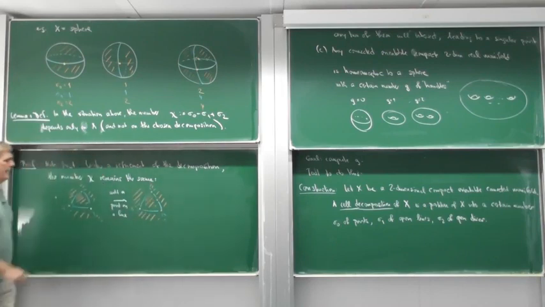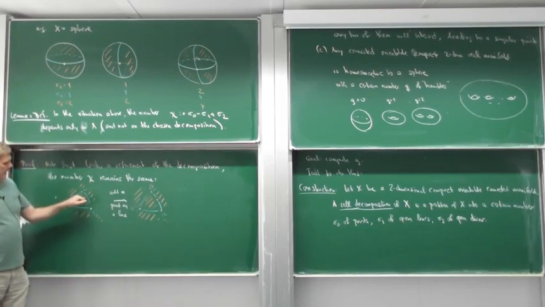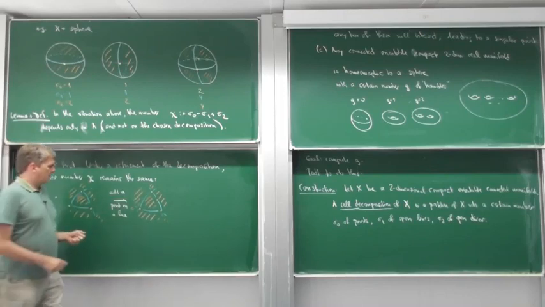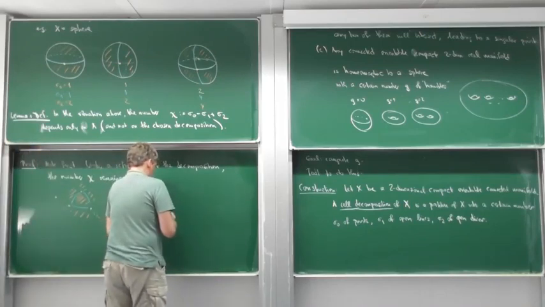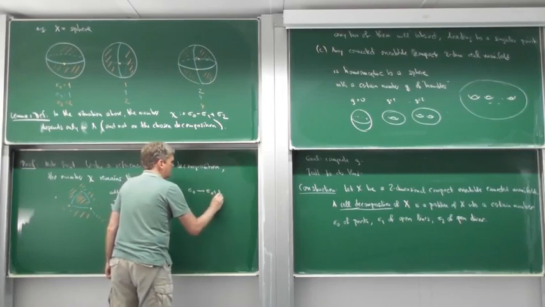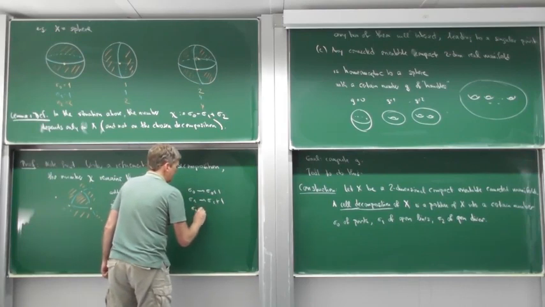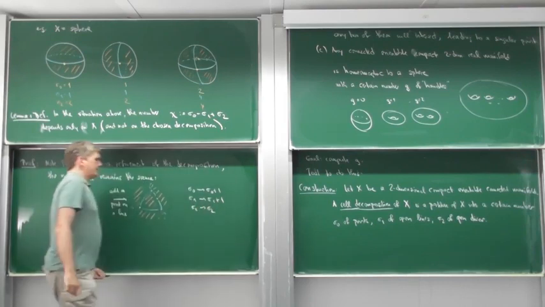So the disks haven't changed. But we have 1 point more and we have 1 line more, because this line got separated into 2 and we have 1 more point. So that means our sigma 0 becomes sigma 0 plus 1, and sigma 1 becomes sigma 1 plus 1, and sigma 2 stays the same. So it's still sigma 2.